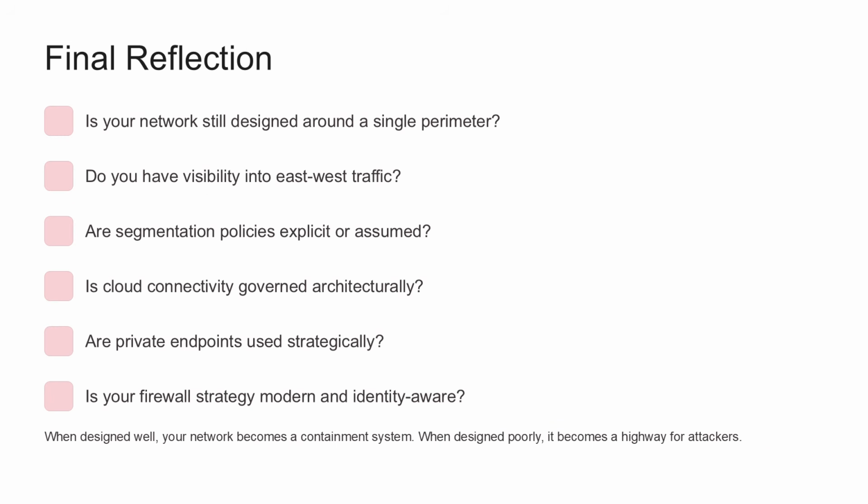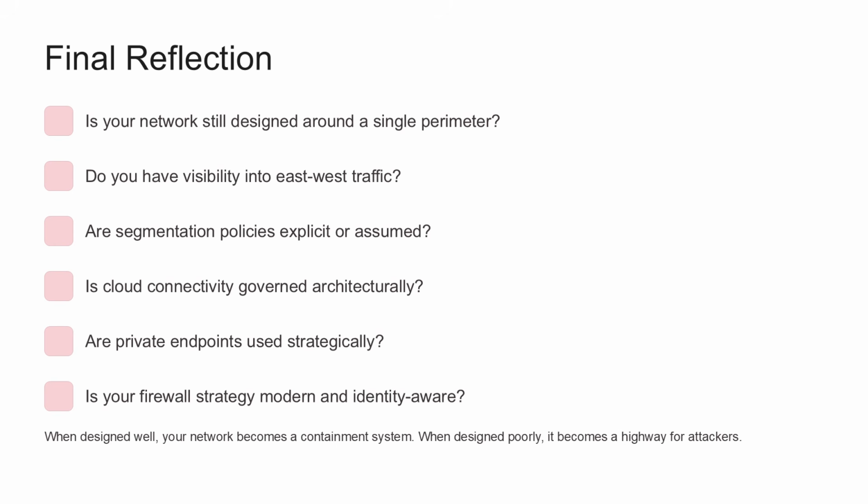Ask yourself, is your network still designed around a single perimeter? Do you have visibility into east-west traffic? Are segmentation policies explicit or assumed? Is cloud connectivity governed architecturally? Are private endpoints used strategically? Is your firewall strategy modern and identity aware?